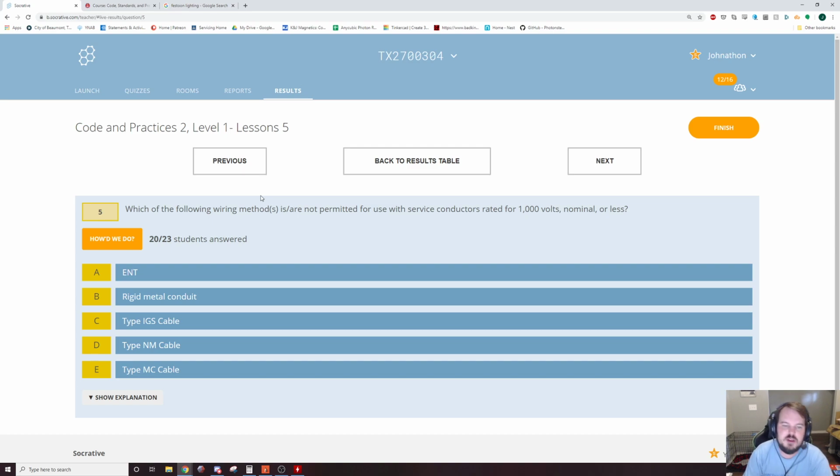Which of the following wiring methods is/are not permitted for use with service conductors of 1,000 volts nominal or less? So you're going to need to flip to the back of services. So Article 230, but the back of their part, I want to say part 5.